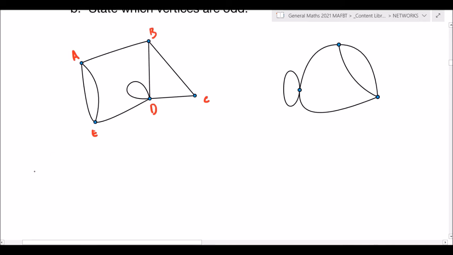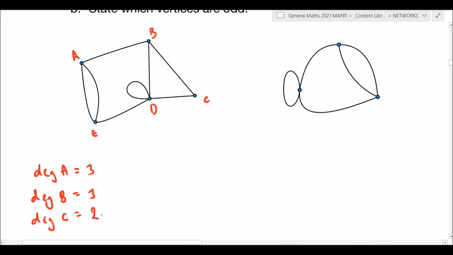So this is how we write the degrees for our vertices. For A, we write deg A. Remember, degree refers to how many lines connect to that vertex. So the degree for A is 1, 2, 3. 3. The degree for B is 1, 2, 3. Just 3 for B. The degree for C is 1, 2.